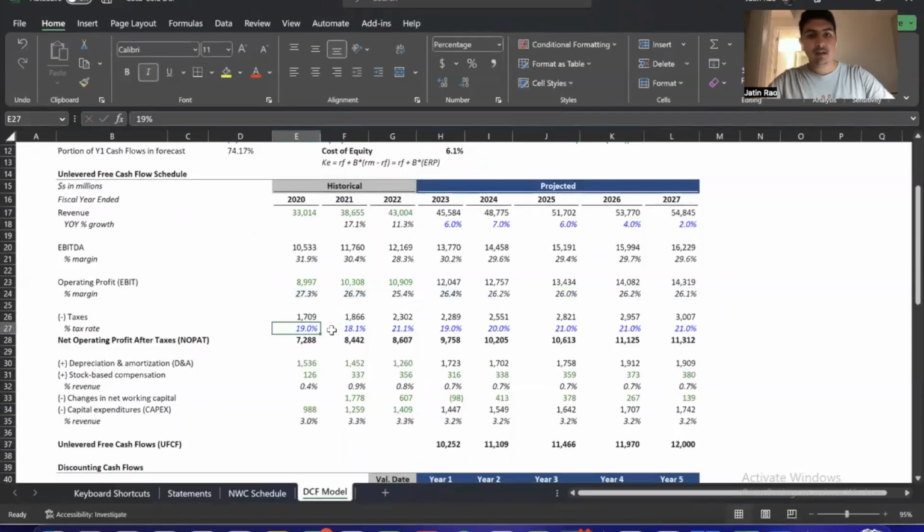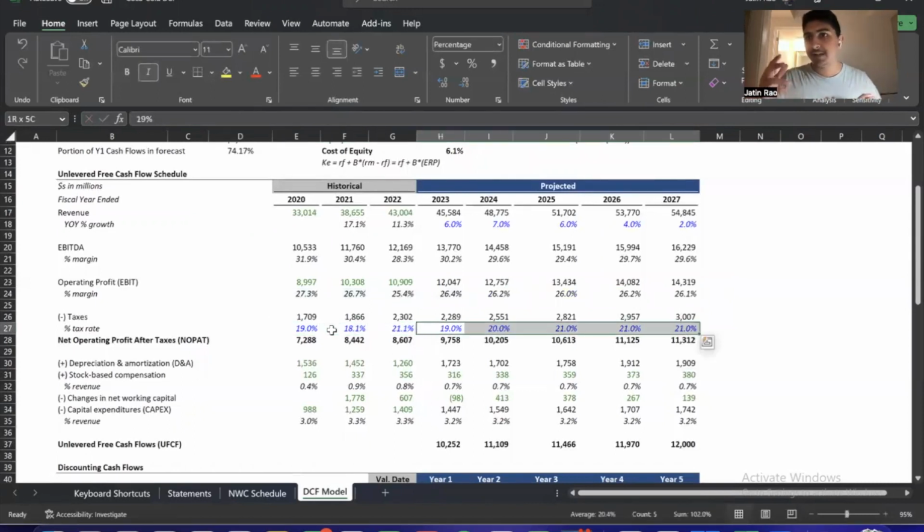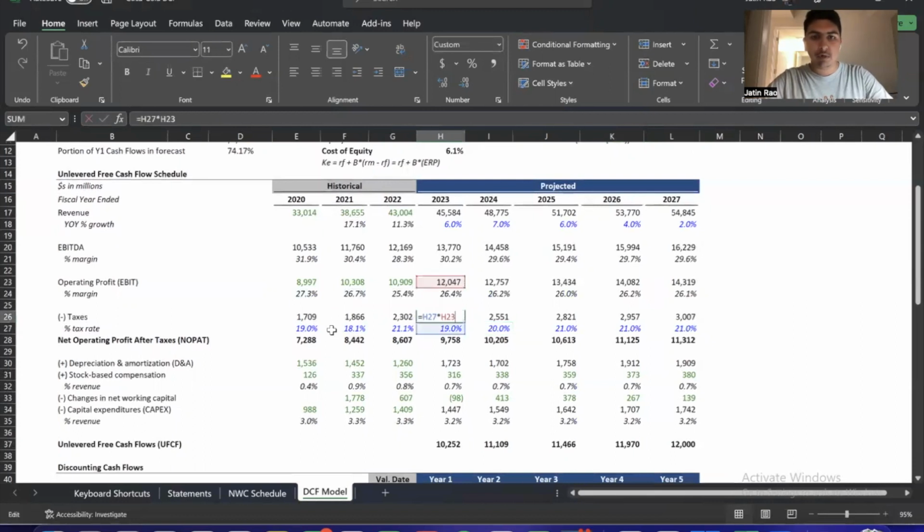Similarly, we calculated taxes. These taxes were based on an effective tax rate. We have historical effective tax rates here, and future effective tax rates, or our predictions of what the effective tax rate is going to be. And then all we did is simply multiply this tax rate by our EBIT forecast for that year to get our taxes.